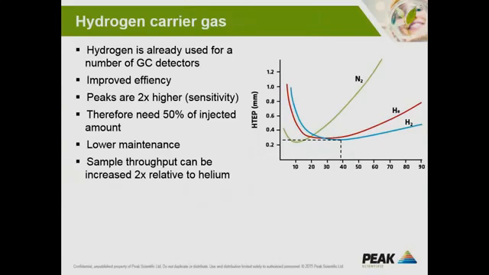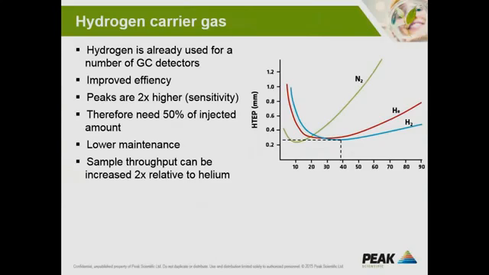Moving on to hydrogen. Hydrogen is already present in many labs if they're using FID detectors or other detectors that use a flame. And hydrogen offers the potential for improved efficiency.